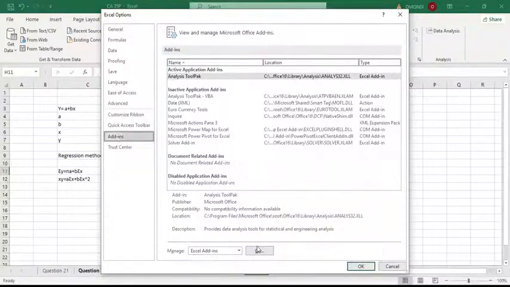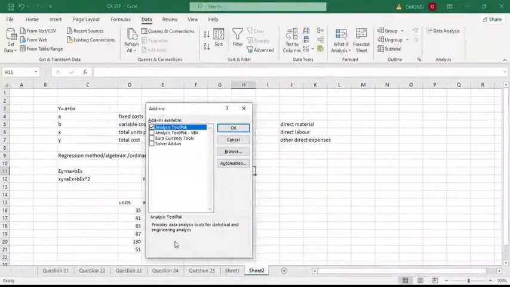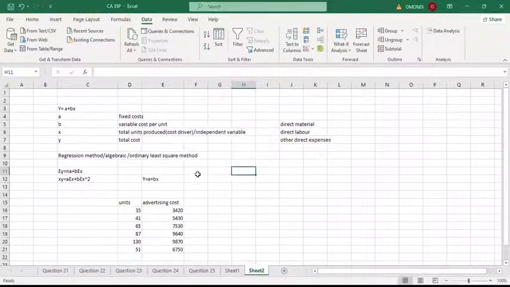Then I move to this part here. Go. It takes me to this section. I mark this analysis toolpack box. Then I say, okay. That's what we did. So once you do that, you will be able to see it appearing somewhere here. That is data analysis.